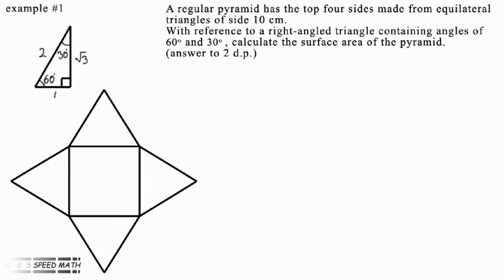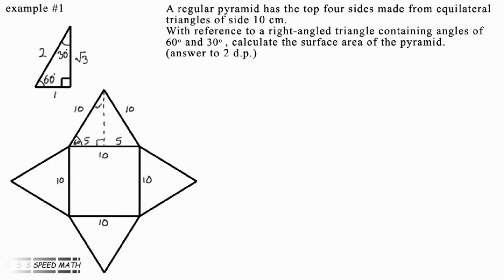The surface area of the pyramid is shown as a net. The sides of the equilateral triangle are 10 centimeters each, and the sides of the square are 10 centimeters each. If we now drop a perpendicular from the apex of the top equilateral triangle to bisect the bottom side, the bottom side's 10 centimeters, it divides it into two fives.